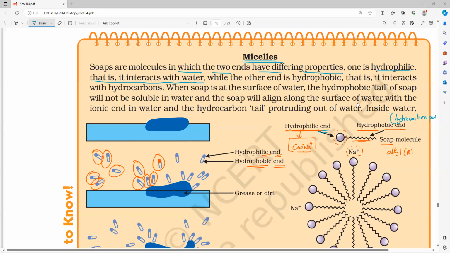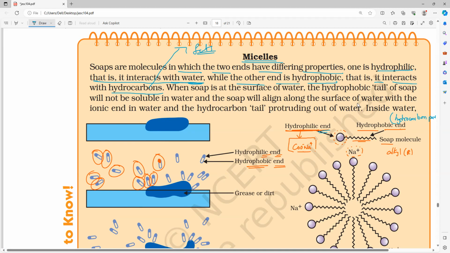The other end is hydrophobic, which interacts with the hydrocarbons. The hydrocarbons are the fats, carboxylic acids, whatever it is; the dirt you have is oily in nature. It contains the hydrocarbons only.